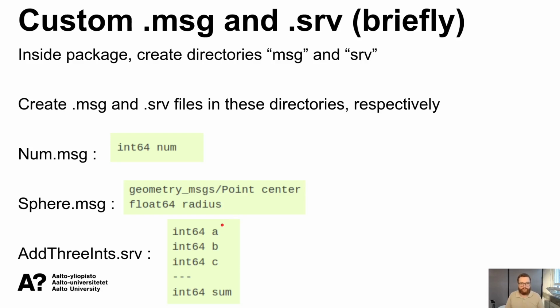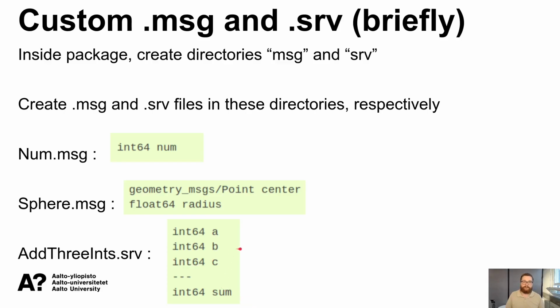Now into the srv folder, if we wanted a custom service request and response, we would do it the same way. So create the file with the name of the service that we want to have, and then define in the file the request and the response as well.